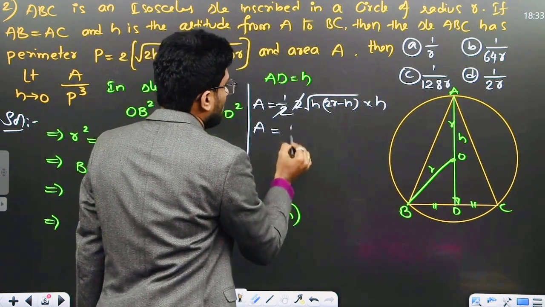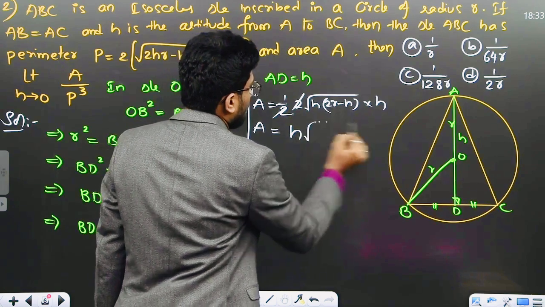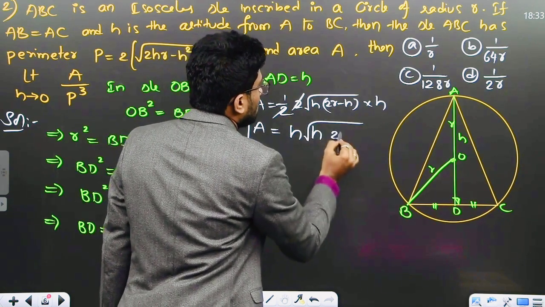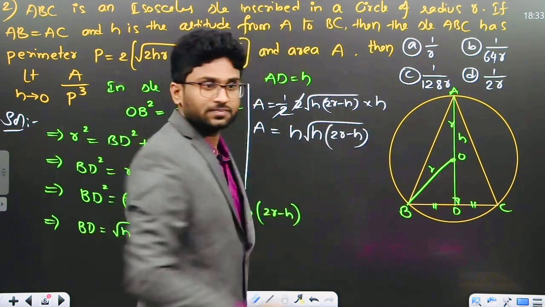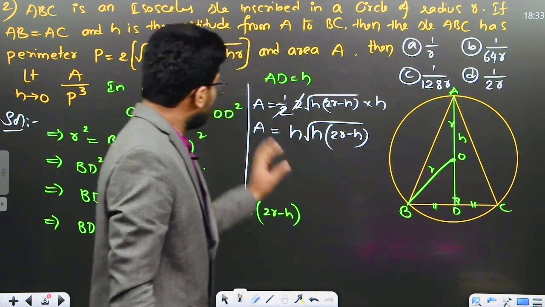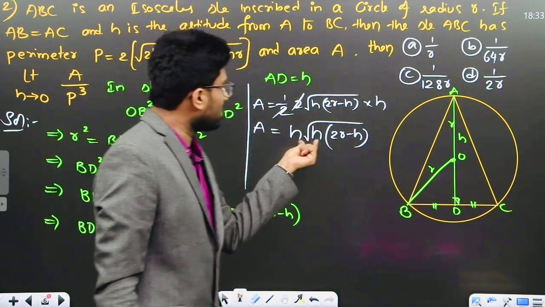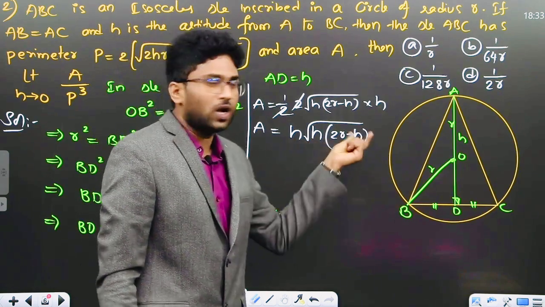Capital A will be H times square root of H of (2R minus H).